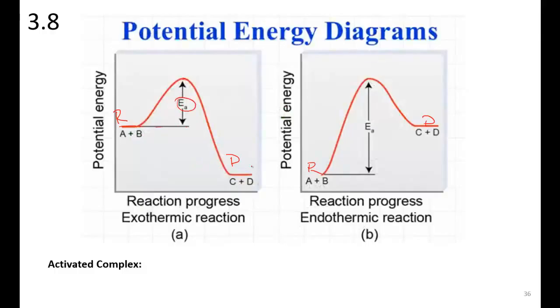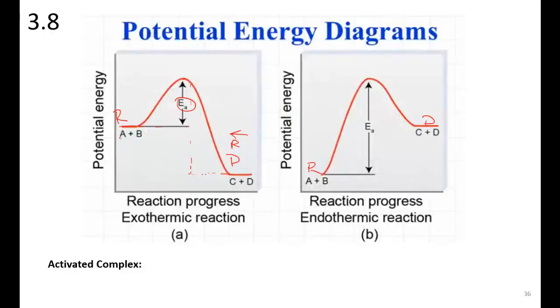Okay. If I were looking at the reaction going the opposite way, here these become my reactants. So the activation energy changes. So the activation energy is now going to be much higher for the reverse reaction. Okay. All I have to do is draw that.